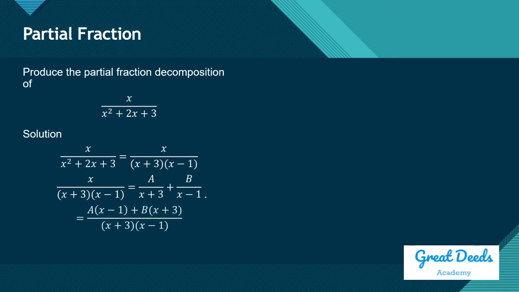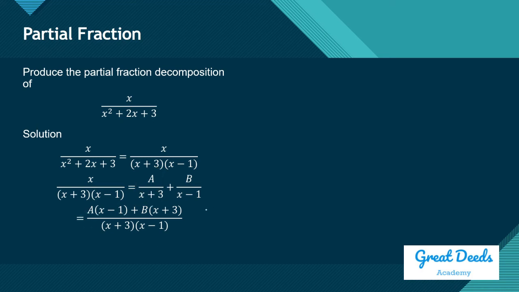We will proceed with ordinary addition. We will add these two fractions as we do with any ordinary rational function. The LCD is x plus 3 times x minus 1, and then we proceed with addition. This divided by x plus 3 is x minus 1, and then you multiply it to a, and this is the result.